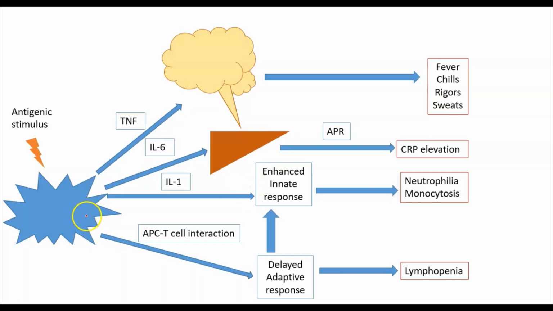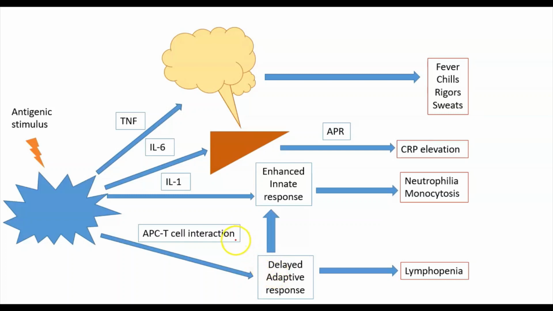These innate antigen-presenting cells then interact with T cells at the level of the local lymph nodes, which then interact with B cells in germinal centers to then become activated and become plasma cells to then secrete antibodies as part of an adaptive immune response.